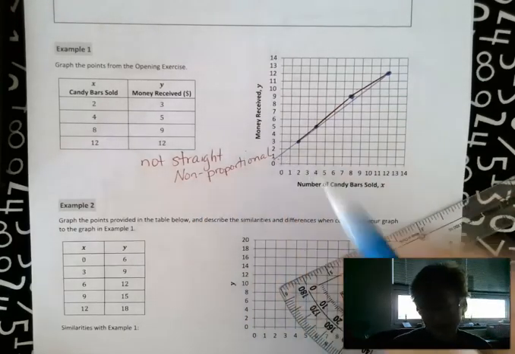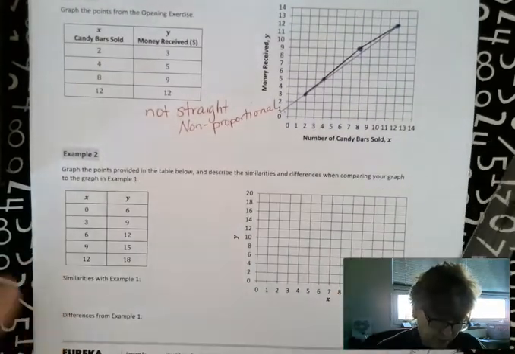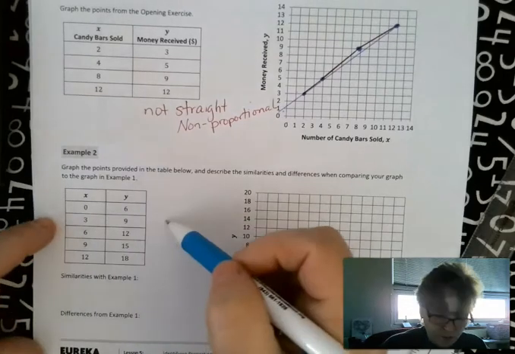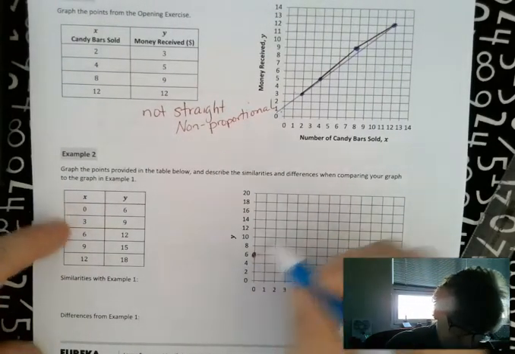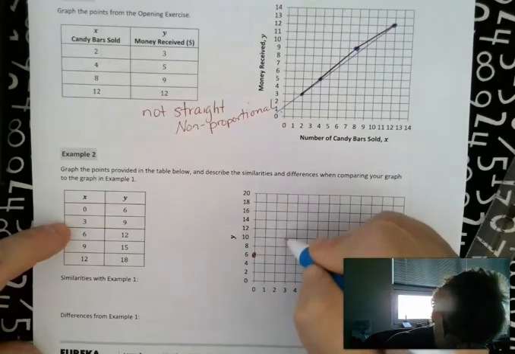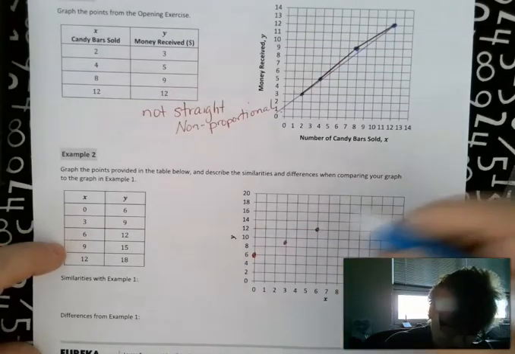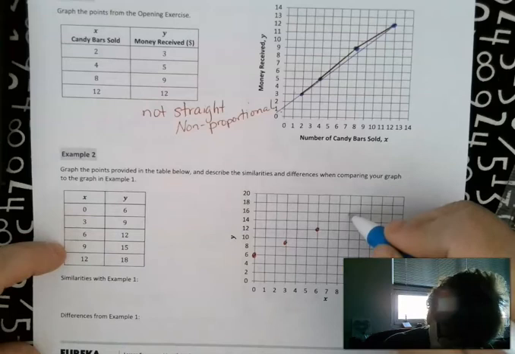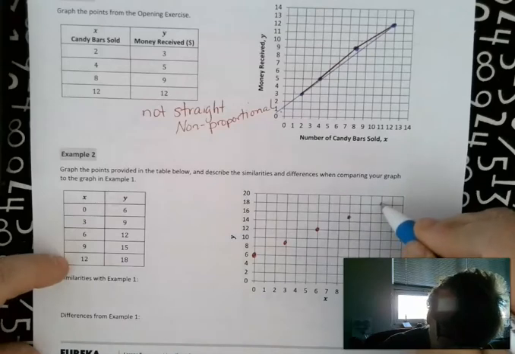And based off of this, it doesn't go through the origin either. So if we look at this next one down here, it's giving me my ordered pairs, 0, 6, 3 and 9, 6 and 12, 9 and 15, and 12 and 18.